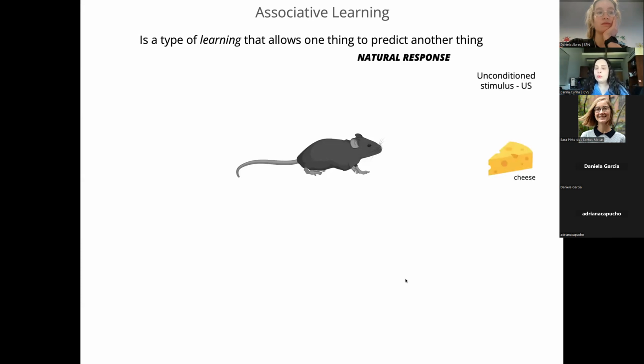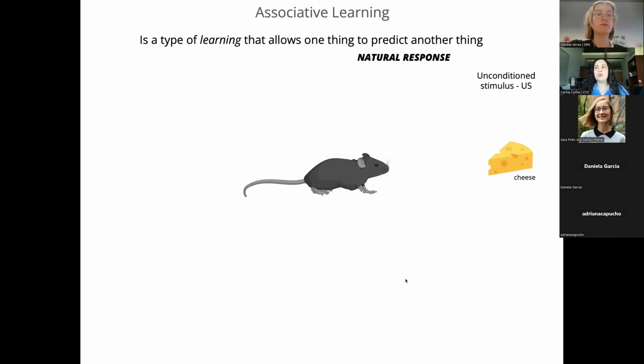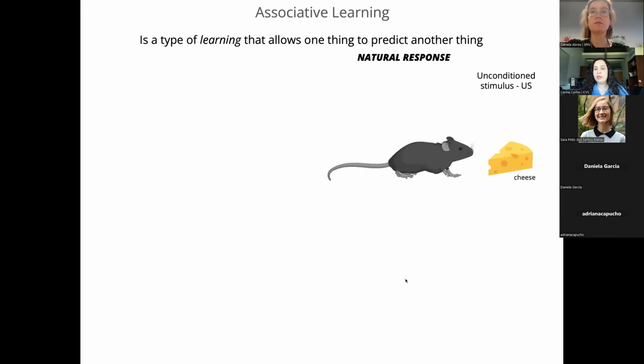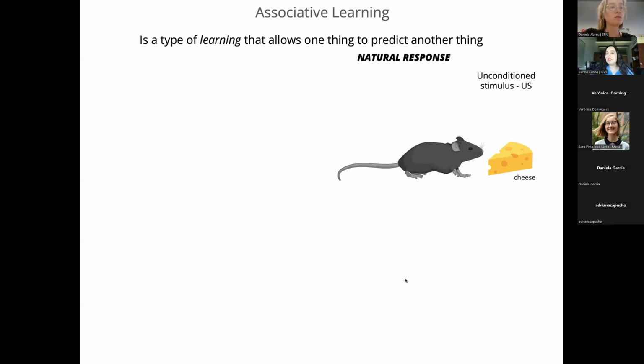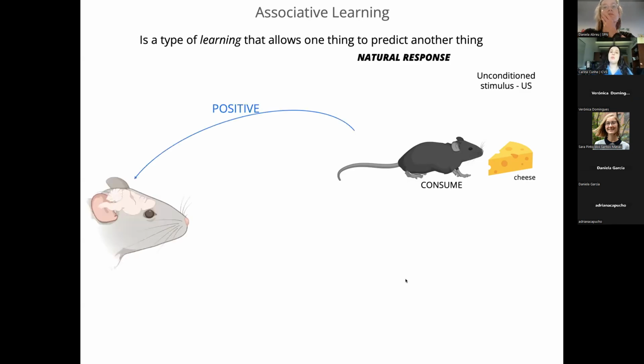This food will be an unconditioned stimulus to the animal, and it will be pleasurable. And the animal will tend to learn things about this reward. For example, if it's a cheese, the animal will recognize the smell of the cheese, the taste of the cheese, and it will consume it, and this will send a positive signal to the brain.